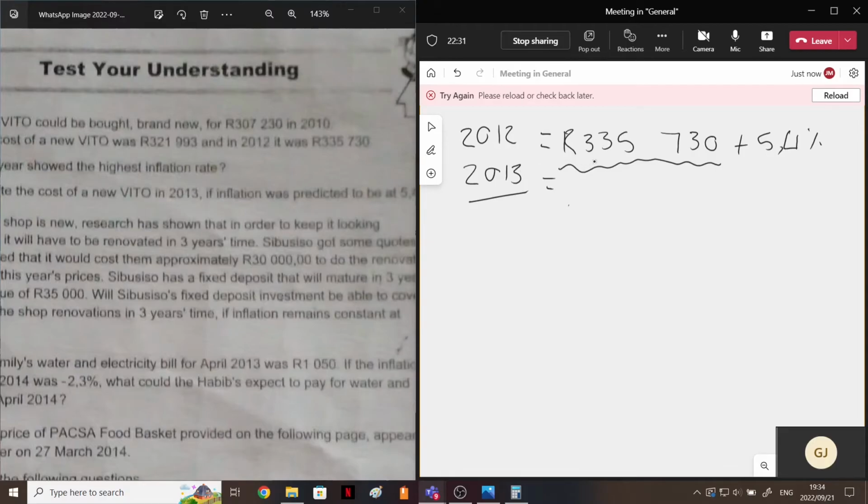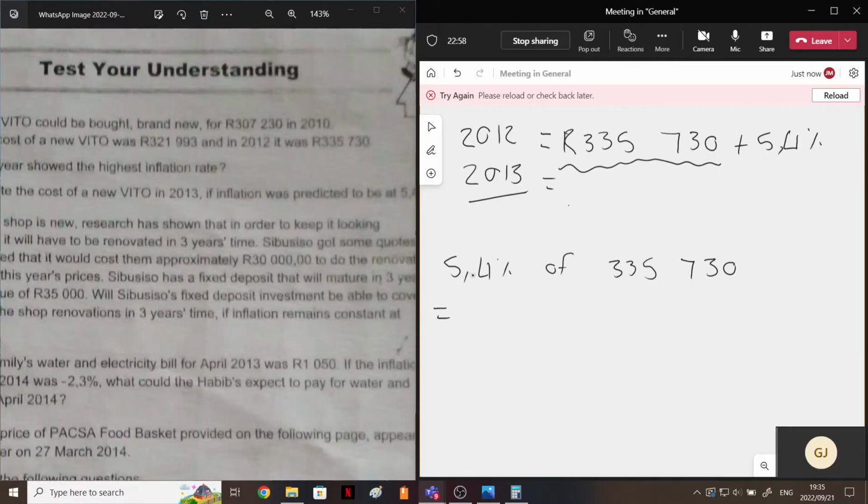Now, it's impossible to just type into the calculator 335,730 plus 5.4%. So what we're going to do is work out what 5.4% of this amount is and then add that together. So 5.4% of 335,730 equals.